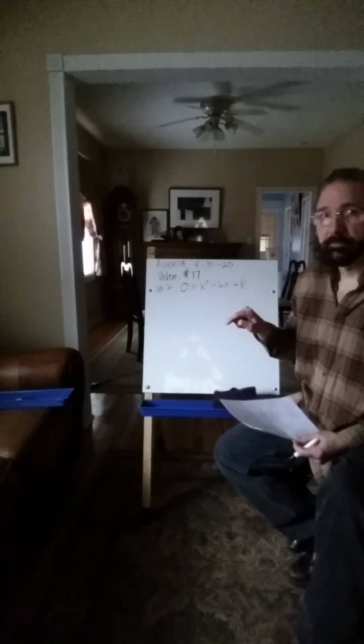The negative b over 2a part gives me the x-coordinate of the vertex. Negative b, well, b is negative 6, so negative negative 6 over 2 times a, which is 1, is plus 6 over 2, or 3. 3 is the x-coordinate of my vertex.